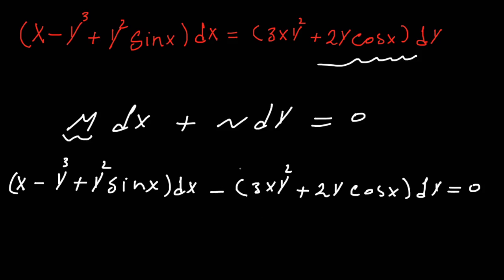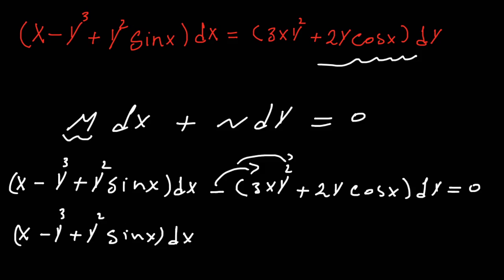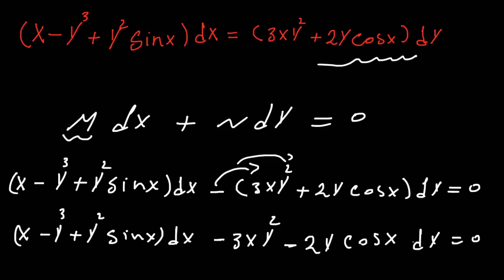I'm going to distribute this minus sign into the parentheses, so I will have again x minus y cubed plus y squared sine x, this is by dx, and this minus sign is going to be distributed, so it's minus 3xy squared, then minus times plus, it's a minus 2y cosine x, then dy, then everything equals 0.